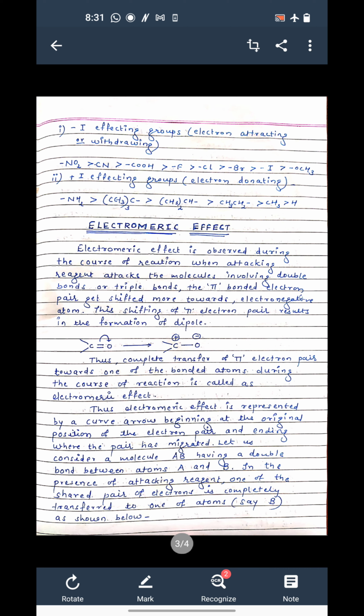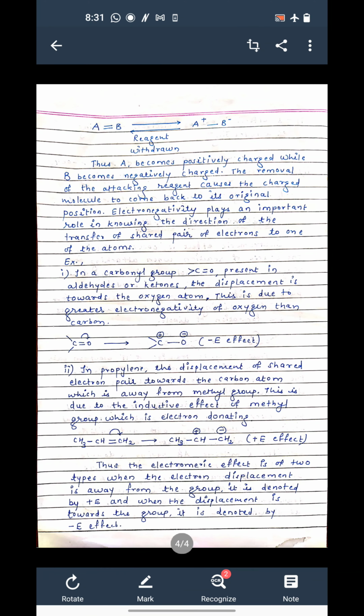Let us consider a molecule AB having a double bond between atoms A and B. In the presence of the attacking reagent, one of the shared electron pairs is completely transferred to one of the atoms, like B. Suppose B is more electronegative than A, and therefore A acquires a positive charge, B acquires a unit negative charge.